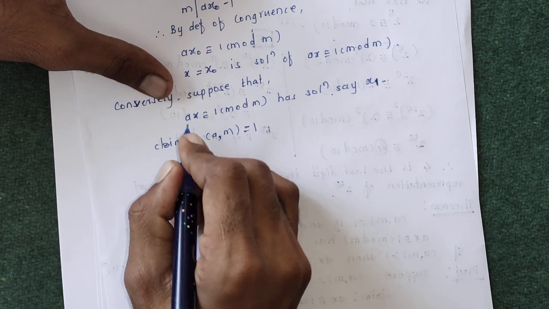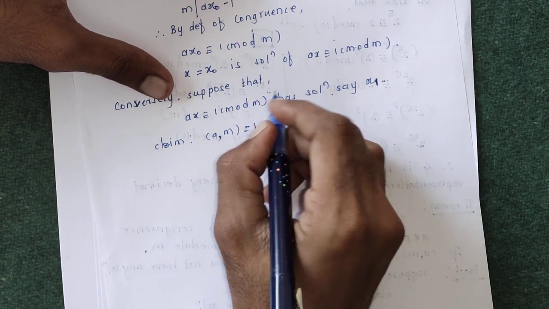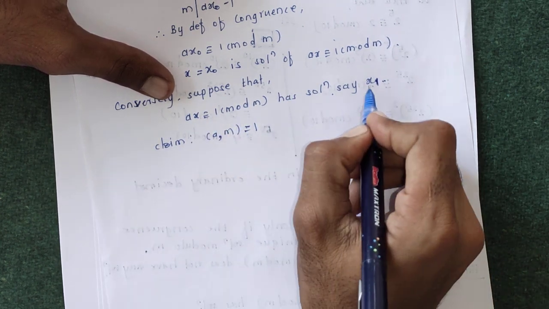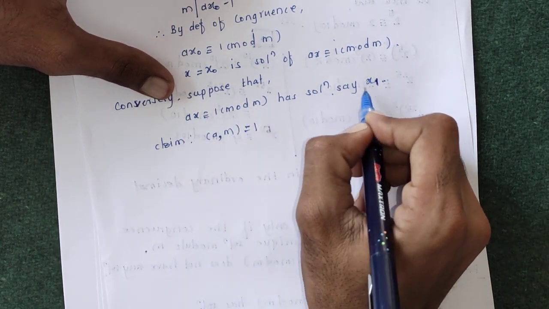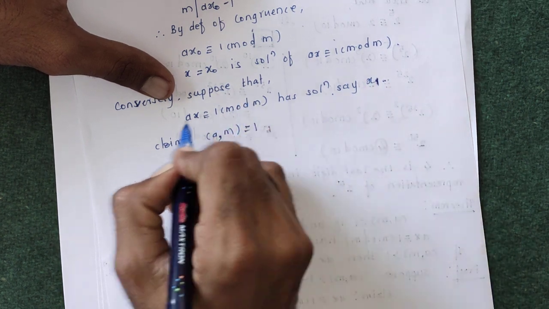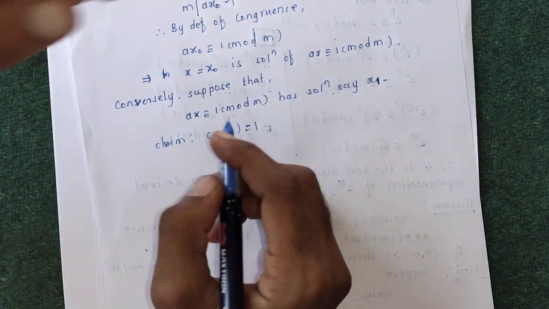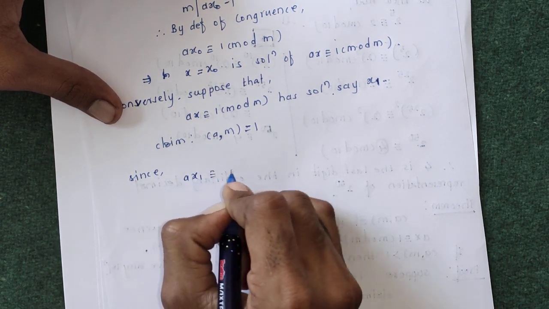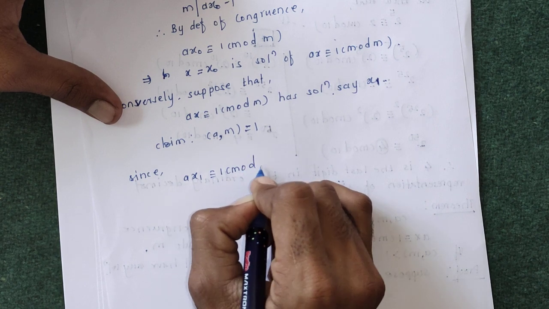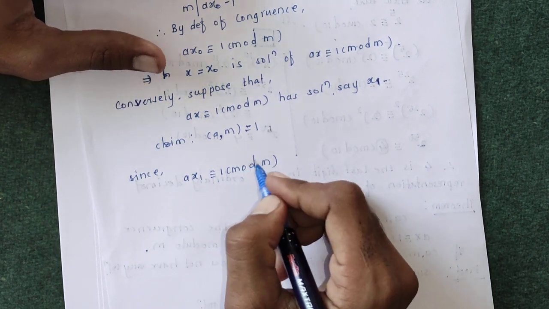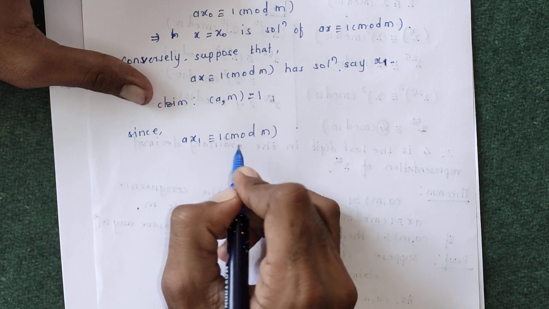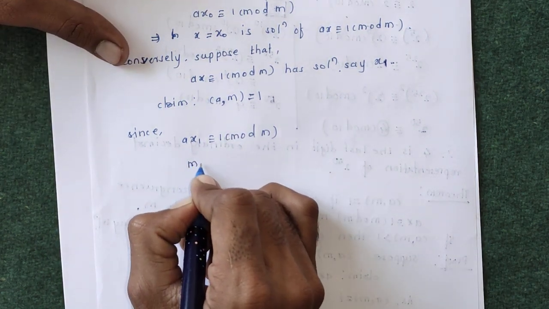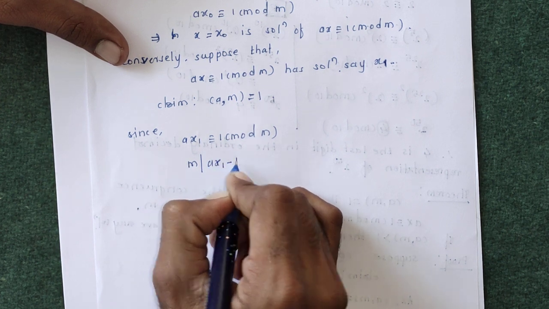Since a x is congruent to 1 mod m has solution x1, so a x1 is congruent to 1 mod m. Since x1 is a solution of this congruence, it satisfies this congruence. So here we can use the definition of congruence and write m divides a x1 minus 1.